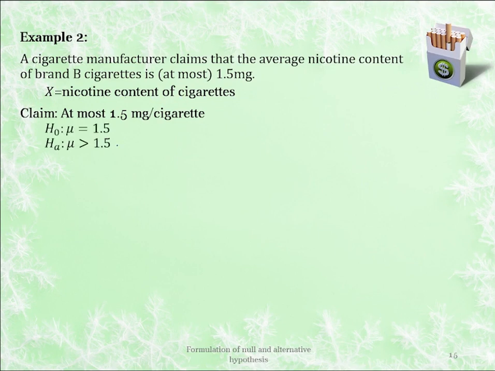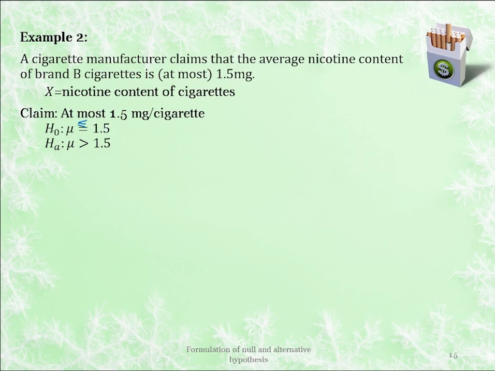If we write this in terms of hypotheses, the claim is that the average is 1.5, and the alternative is that it is more than 1.5. So the at most is actually implied implicitly here in the null. And we want to prove this cigarette manufacturer wrong. So we're interested in contradicting them.